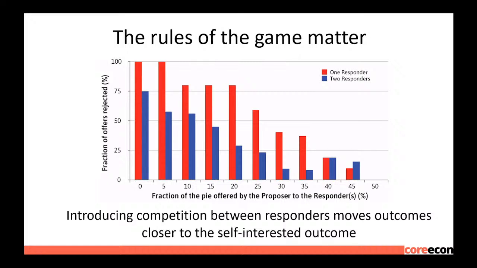So here in red, we see the game when it was played with just one responder, as before, and then in blue with two. You see that independent of the fraction of the pie offered by the proposer to the responder, pretty much across the board, between 0 and 45, except for 45, in all other proposed splits, it's always the case that the fraction of offers rejected is higher with only one responder. It was 100% here and 75% with two, and so on.